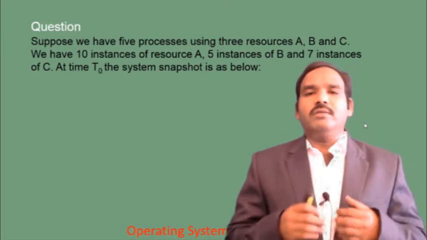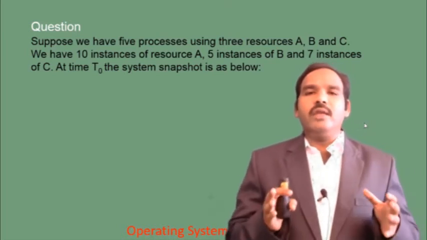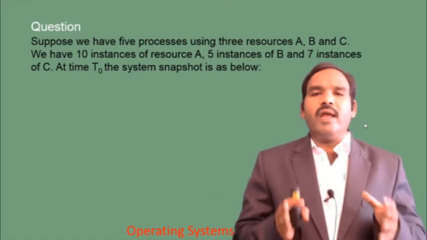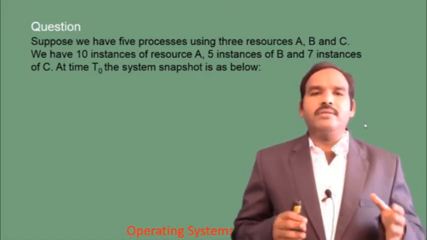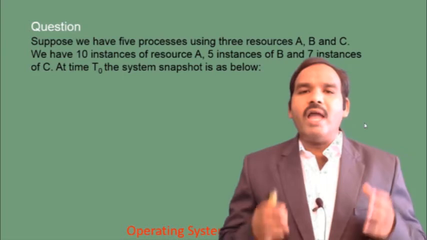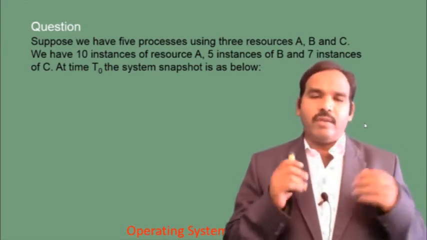At time t0, this is the situation of the system. There are 3 resources named A, B and C, 10 instances of resource A, 5 instances of resource B, 7 instances of resource C.